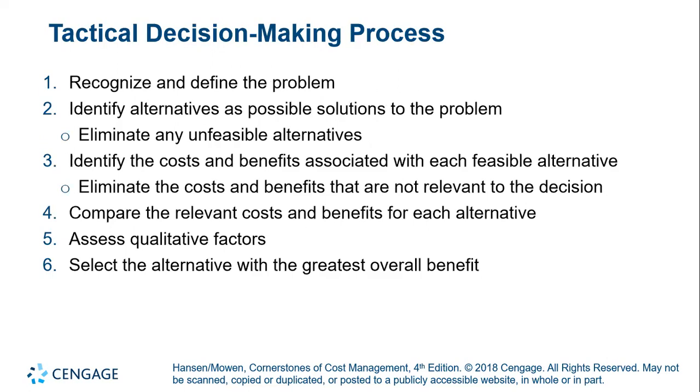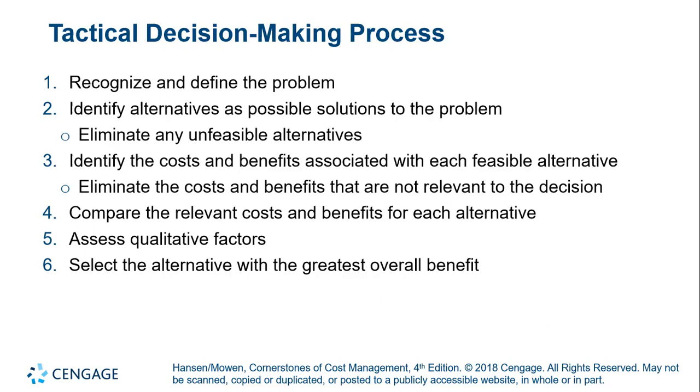Now, in the tactical decision-making process, we have the 6 steps. First, recognize and define the problem. Identify alternatives as possible solutions to the problem by eliminating any unfeasible alternatives.